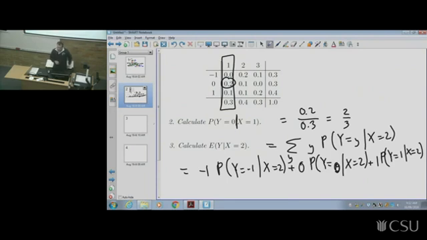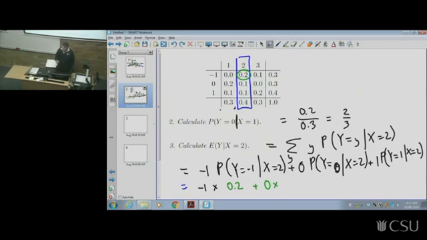So I assume that all just cancels each other out because you've got the -1, the +1, and you've got the 0. That would be easy. So let's have a look what they are going to be. So we're going x equals 2. So we're in this column. So given x equals 2 in that column, when y is -1, the probability is 0.2. So it's -1 times 0.2 plus 0 times, who cares almost?